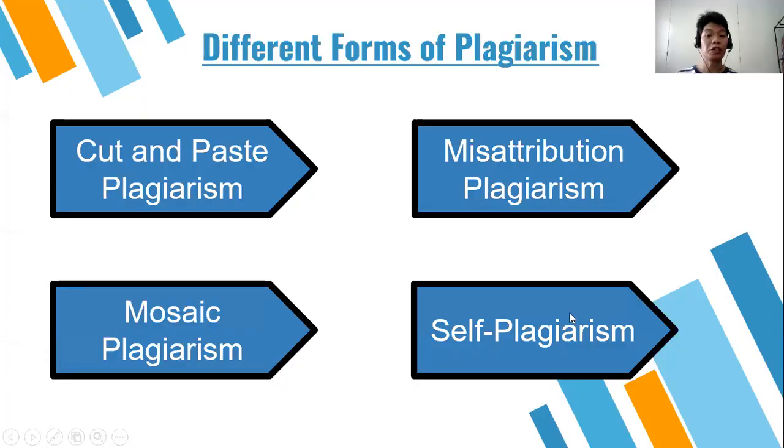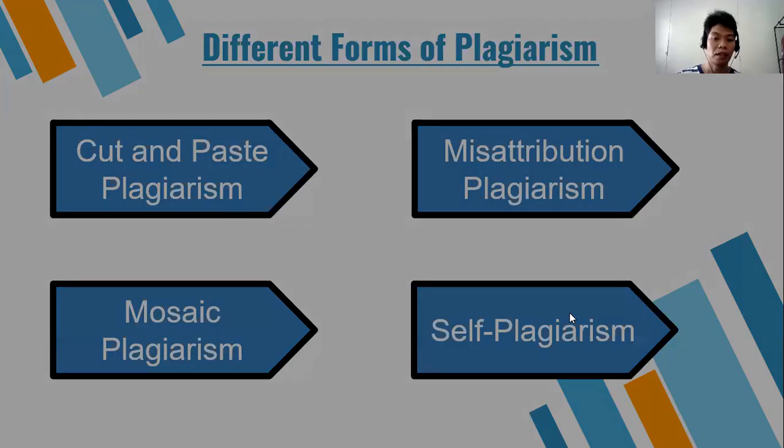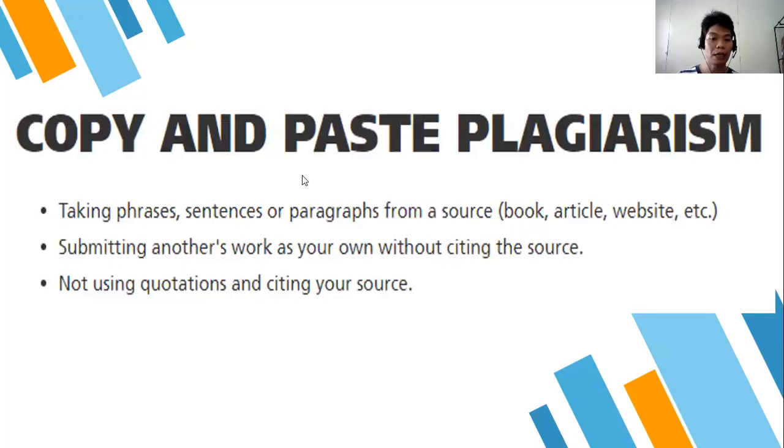Okay, so these are the four different forms of plagiarism. We have copy and paste plagiarism, misattribution plagiarism, mosaic plagiarism, and self plagiarism. Okay, let's discuss first copy and paste plagiarism. When we say copy and paste plagiarism, it means taking phrases, sentences, or paragraphs from a source, it could be a book, article, website, etc., and submitting others' work as your own without citing the source, and not using quotations.